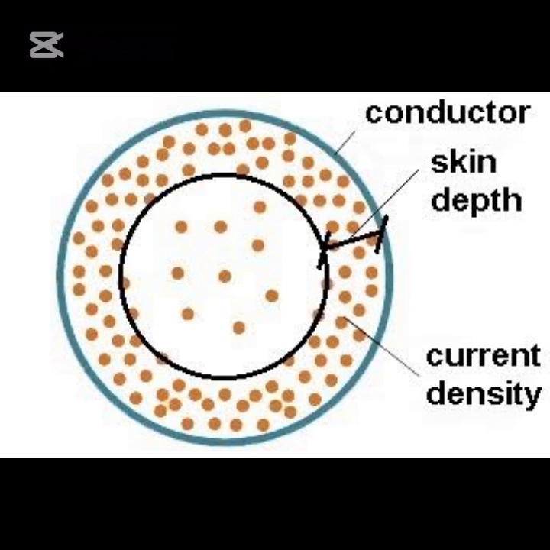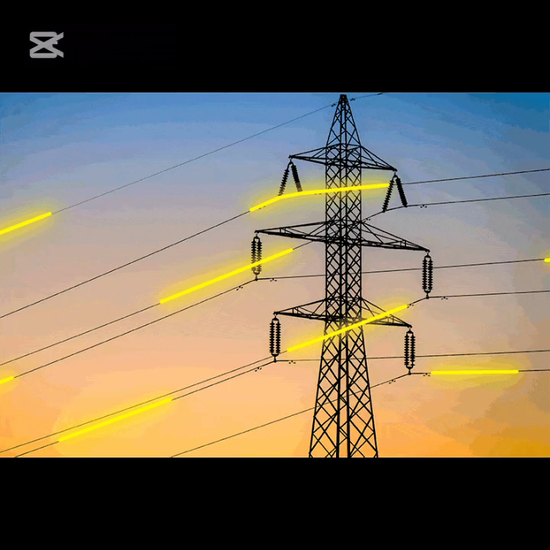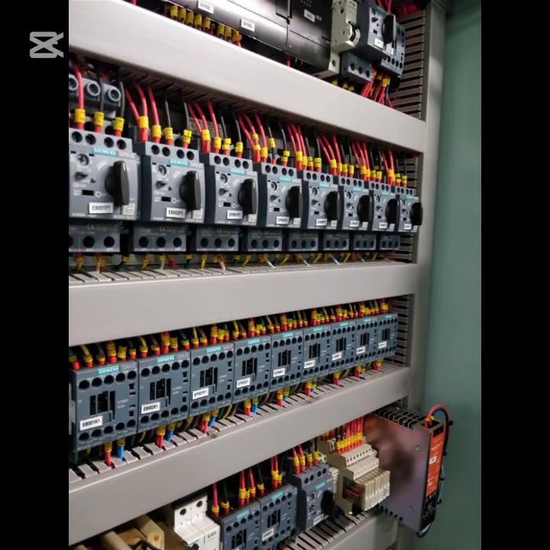2. Skin effect. This occurs when current flows on the conductor's outer surface rather than the entire conductor. For high-power transmission, stranded wires are used. Stranded wire has a lesser skin effect than solid wire of the same size. 3. Routing.